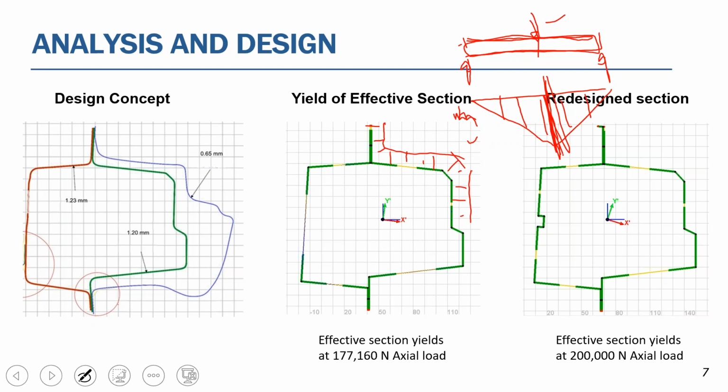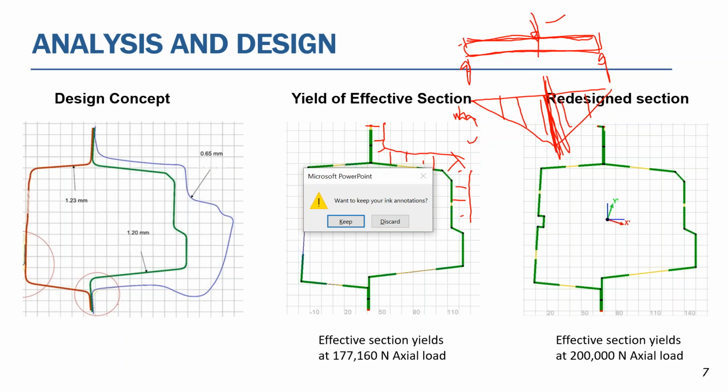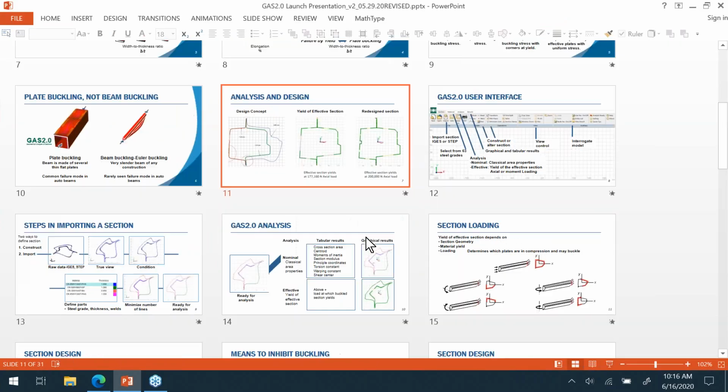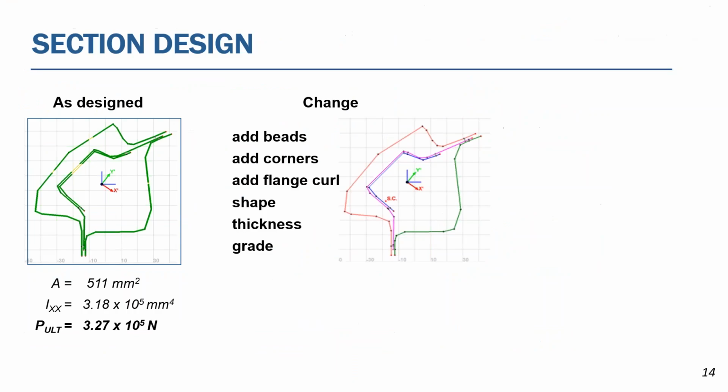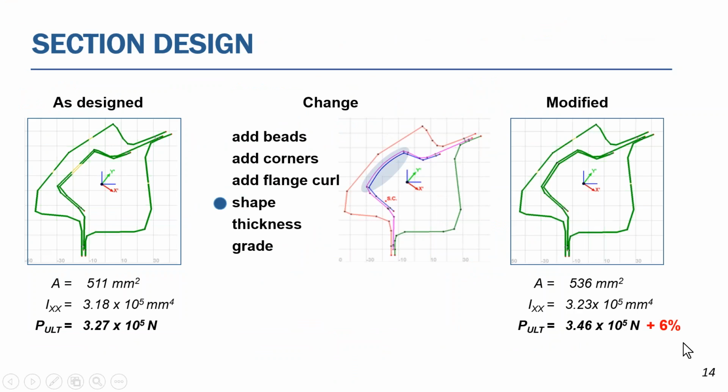So one of your sections looks like an A-pillar. Can the program look at the loading condition? It can. Let's go take a look at that. It is an A-pillar. That was a good eye. So let's look at this. The user has to bring the loading condition to the section.